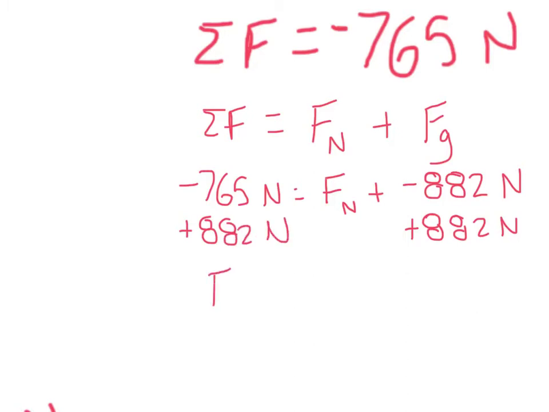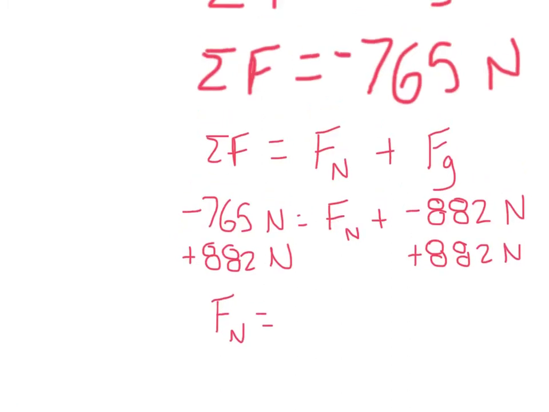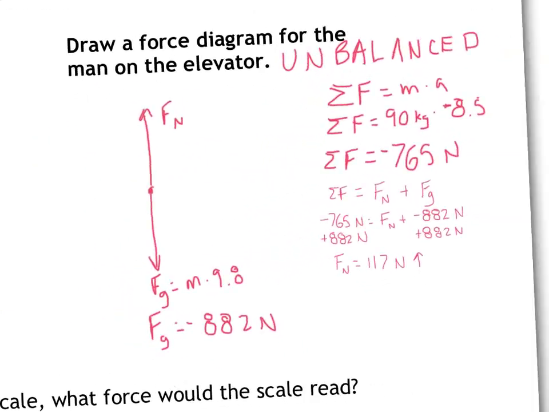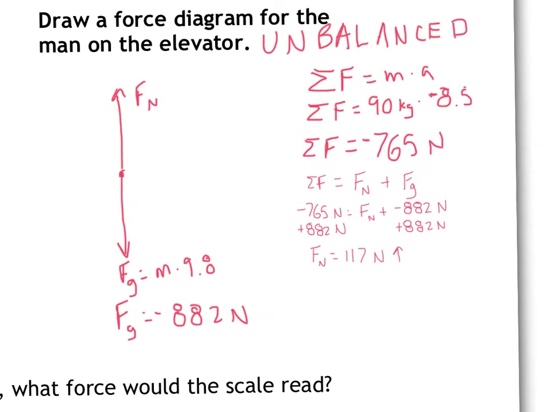We found that the normal force has to be 117 newtons in the positive direction, which would be up. This would give us an overall net force downwards of negative 765 newtons.